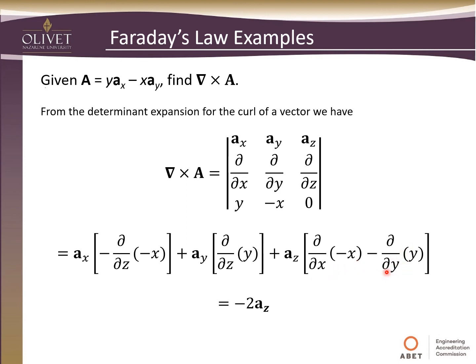And so when we do that, these two cancel out, and what we're left with is negative 2 in the az direction. So that's how you take the curl of a vector, or del cross of a vector.